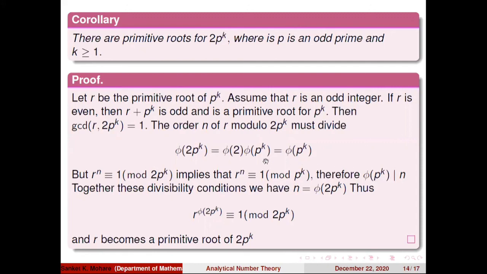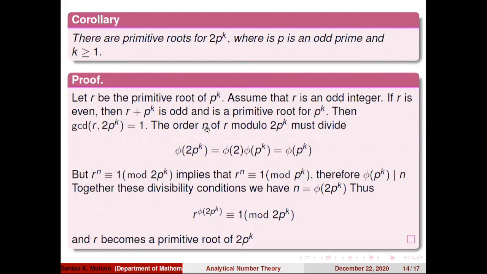Okay, and look at what we proved: n divides phi of p^k, and phi of p^k divides n. So if a divides b and b divides a, together these statements imply a equals b. So together these divisibility conditions give us n equals phi of p^k.